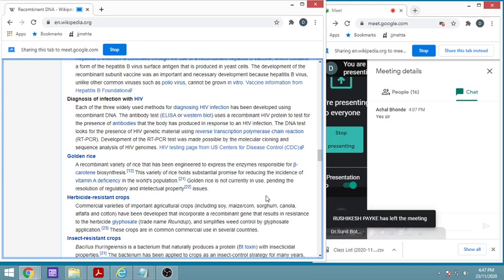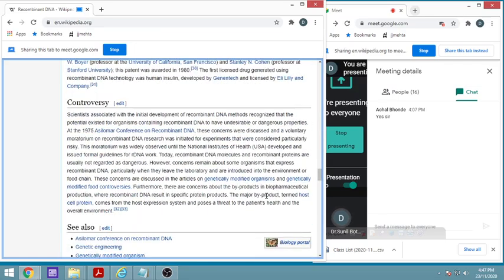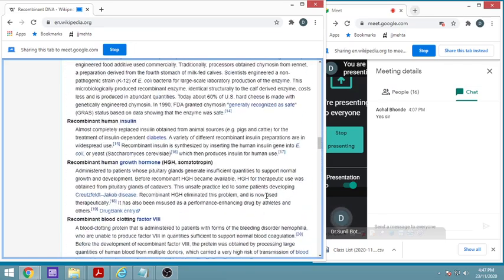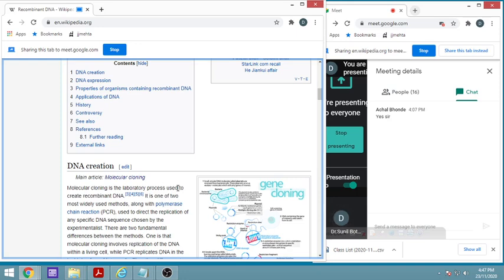Then if you have heard the word BT cotton, that is Bollgard cotton. So this is what we call genetic recombination, and it is helping us go for newer kinds of genetic phenotypes, and this can be utilized for various purposes.